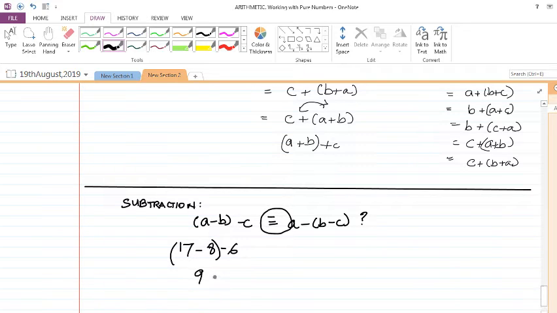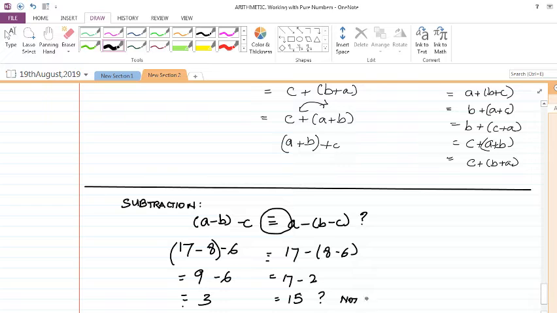This will be 9 take away 6, which will be equal to 3. In this one, I have 17 take away 8 take away 6 here: 8 minus 6 is 2, so it's equal to 17 take away 2. That is equal to 15. So, is that true? Obviously not. It's not true.